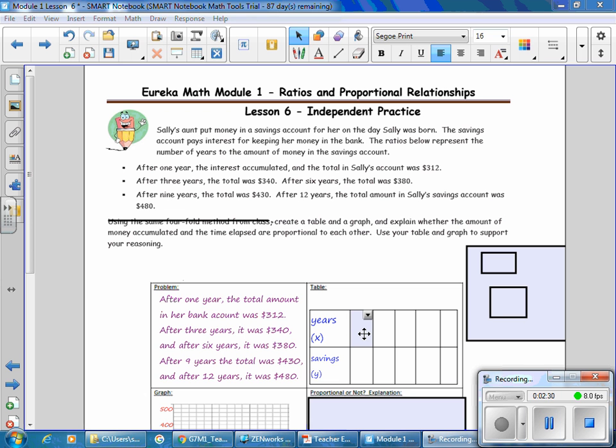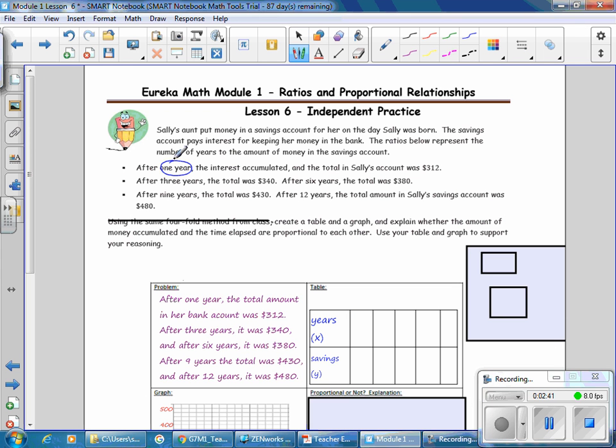Let's fill in our values for the number of years and then the savings for those years. After 1 year, we've got $312. Pause the video and fill in the rest of the table.